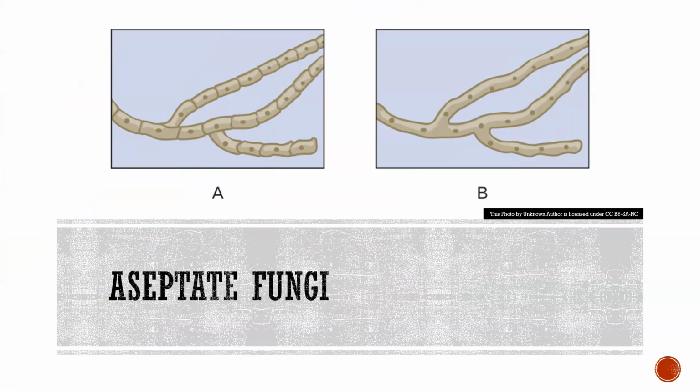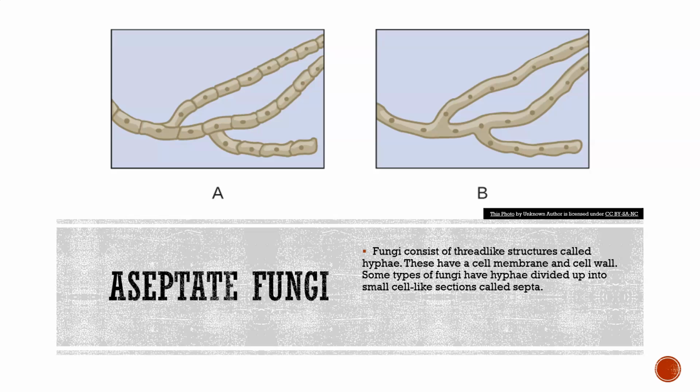All right, our aseptate fungi. These consist of thread-like structures called hyphae. Now these have a cell membrane and a cell wall. Some types of fungi have hyphae that divide up into small cell-like sections. So if you look at the picture here, in A you've got your small cell-like sections, whereas in B, there are no cell-like sections.